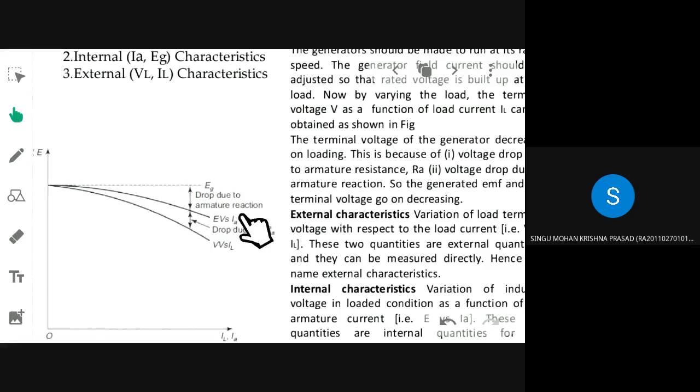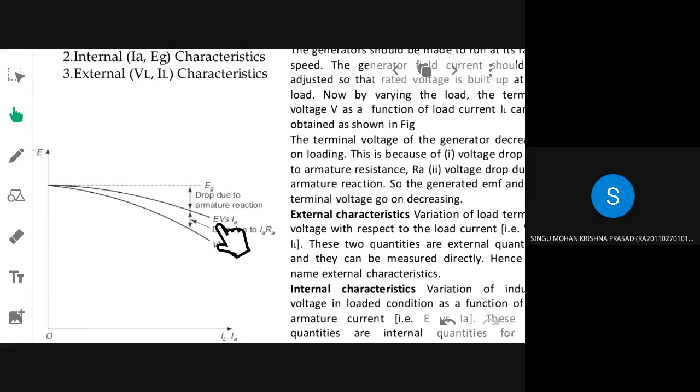I told you in the last class that there is a demagnetizing effect and a cross magnetizing effect. Because of it, there will be some small drop compared to the rated value of voltage. If you eliminate that drop, the voltage will become E.